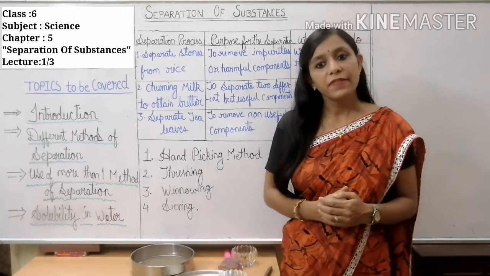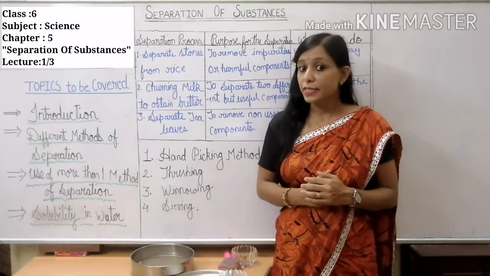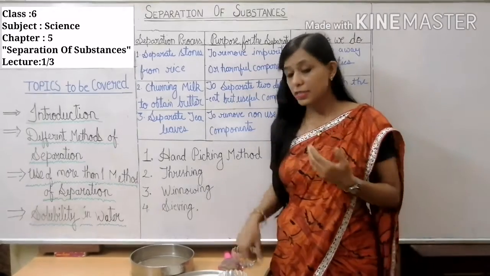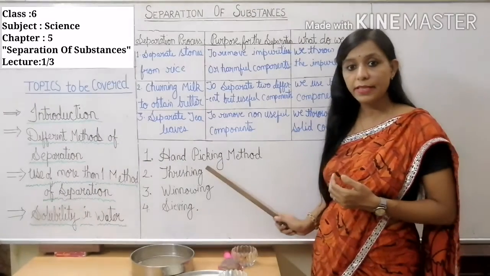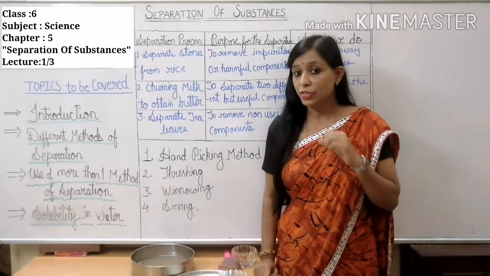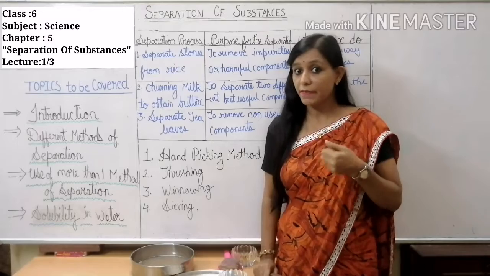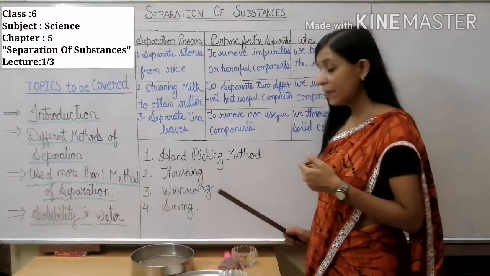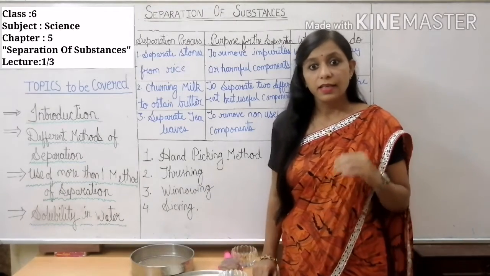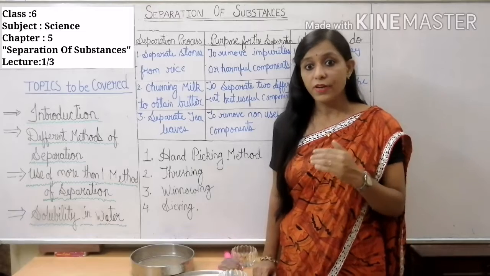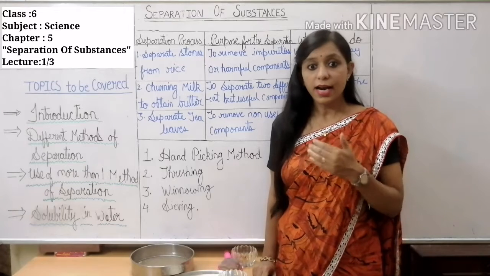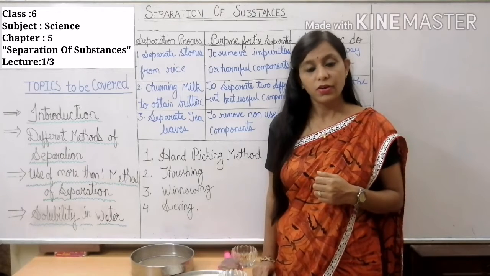Okay. So today we have studied why we separate substances. Then we have seen some methods of separation, that is the hand picking method, the method in which substances are separated from the mixture by just picking them with the help of hands. Then we have studied threshing, which is used for separating grains from stalk by beating them on a hard plate or by using a thresher.